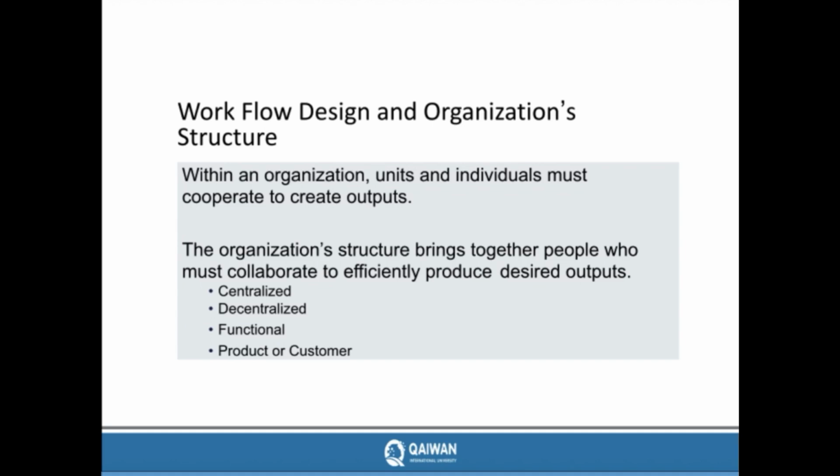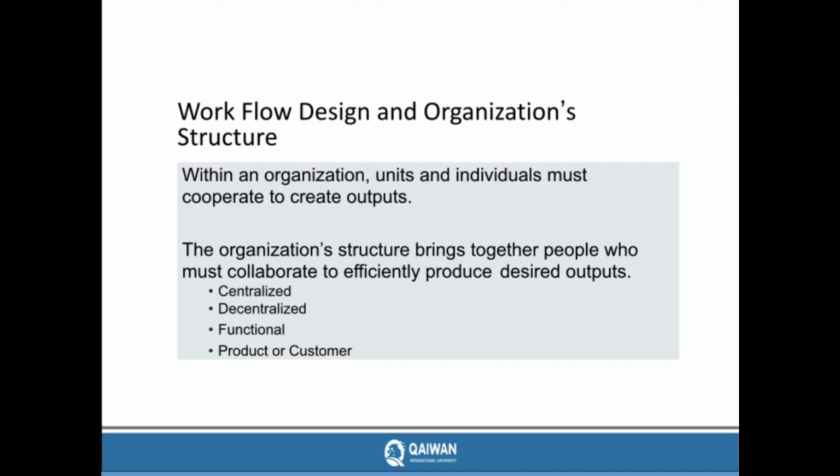There are different ways to design these structures, so let's look at the most important ones. First, we have centralized structure, second decentralized, third functional, and last product or customers.